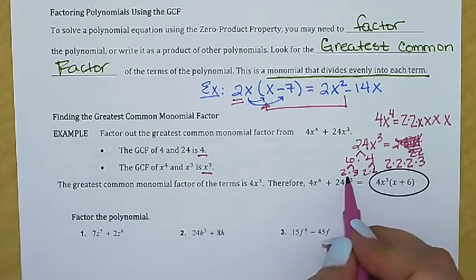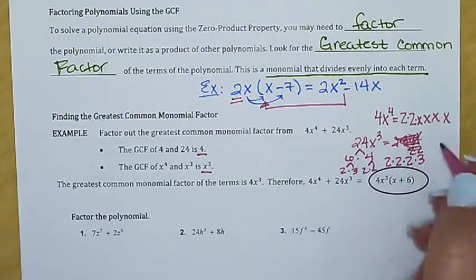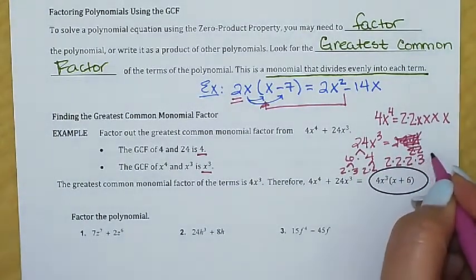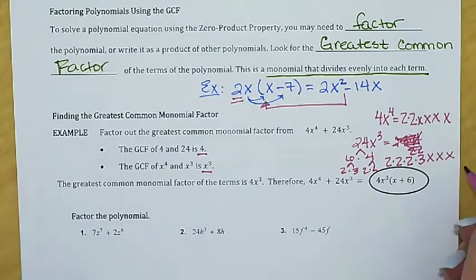So we really have three factors of 2 and a 3. That's just the prime factorization. So those are the factors that give me 24. And then x to the third is x times x times x.